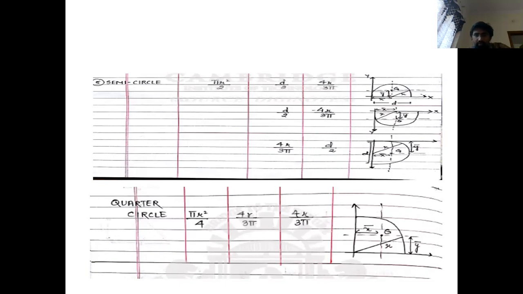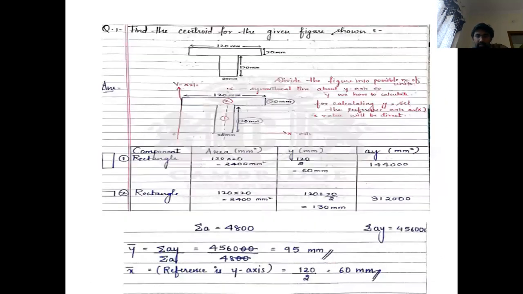So this is how we are using these kinds of figures for the regular problems, right? And next, we'll see one small problem, where we calculate the CG of this T section. So what is the statement?